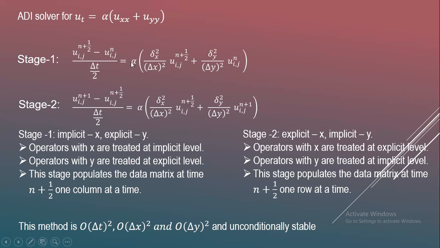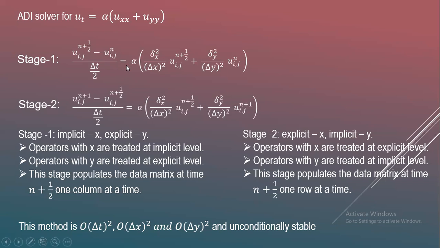And in this scheme, the accuracy is second order in time and space. And if we follow the von Neumann stability test, it's unconditionally stable.